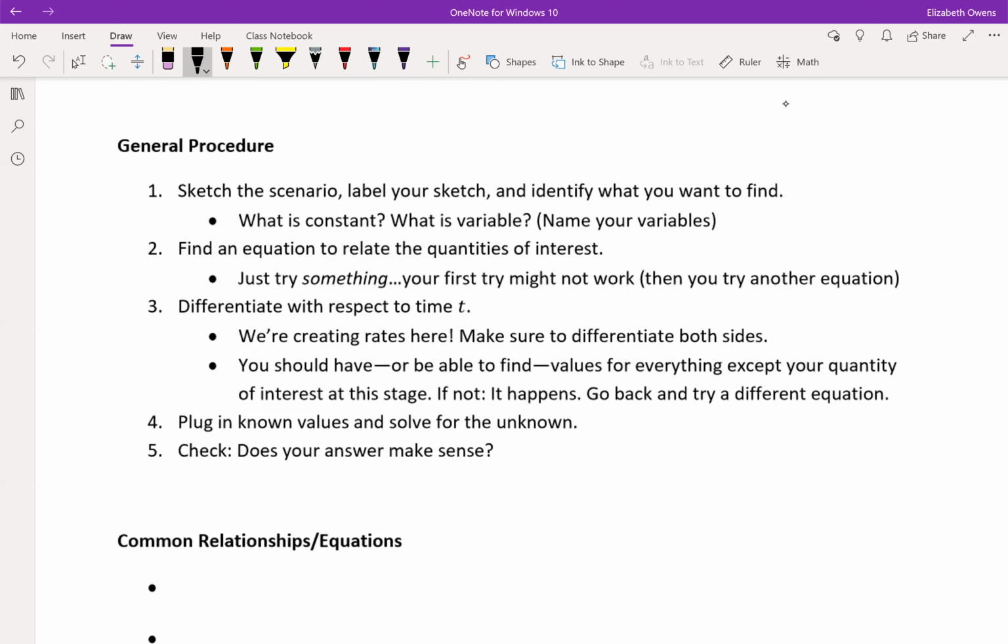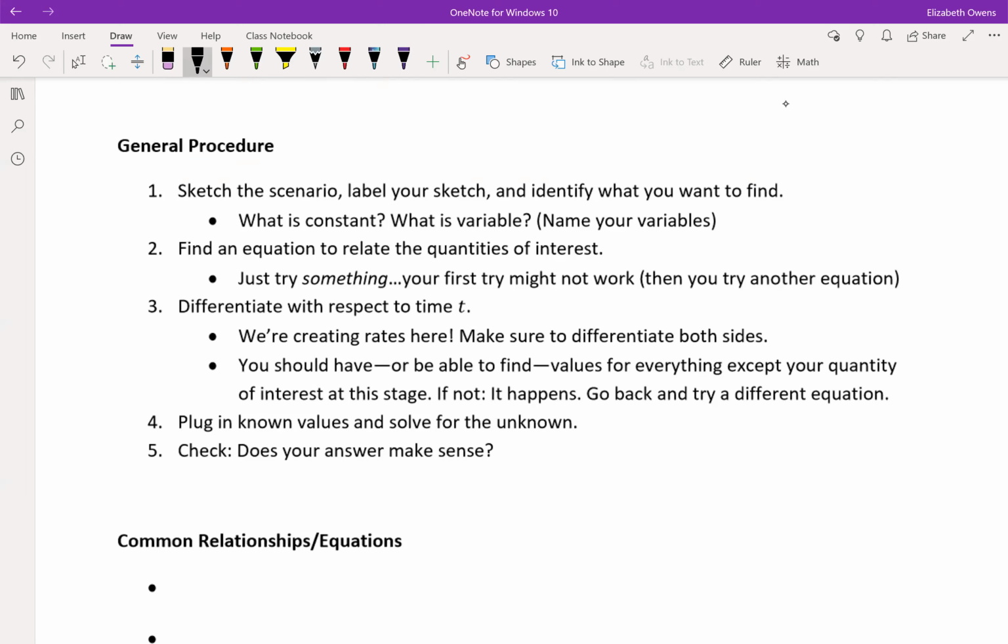So at this stage, you should be able to find values or be given values for everything except the thing that you're solving for. So if you really can't come up with those quantities, sometimes it does take a little work, but if you really cannot come up with a way to find them, you might need to go back and try a different equation.